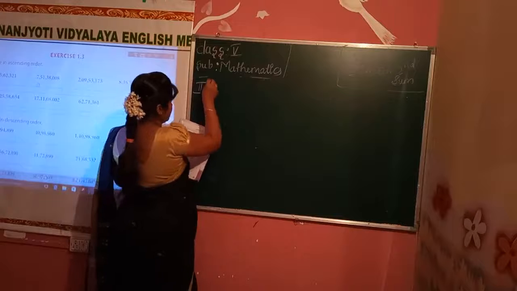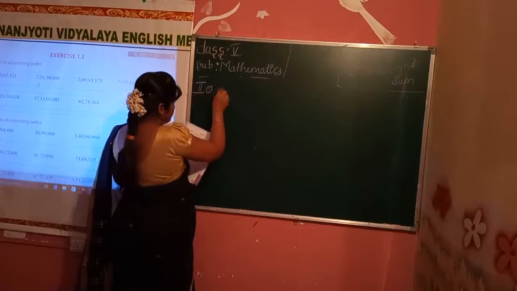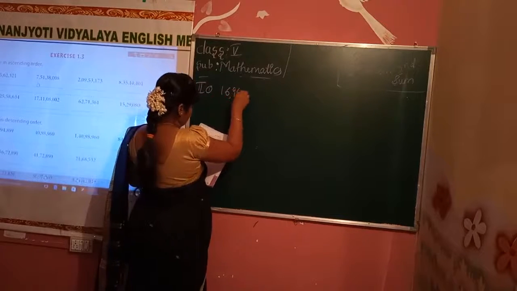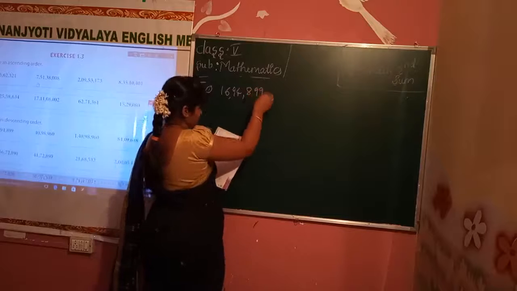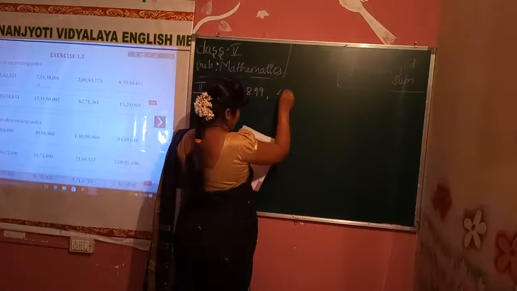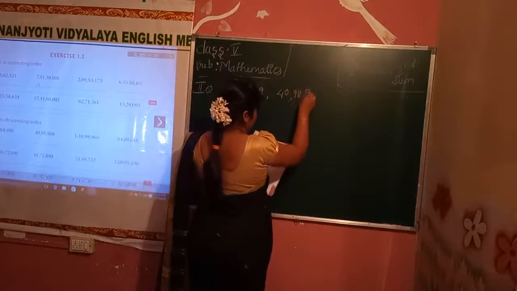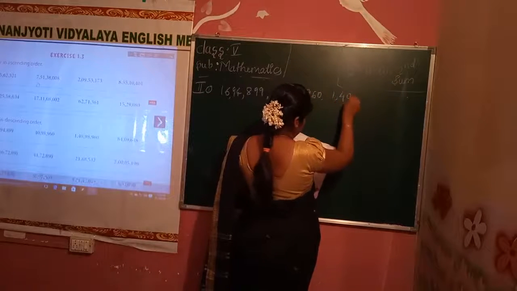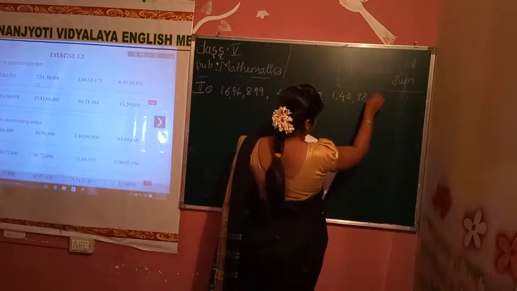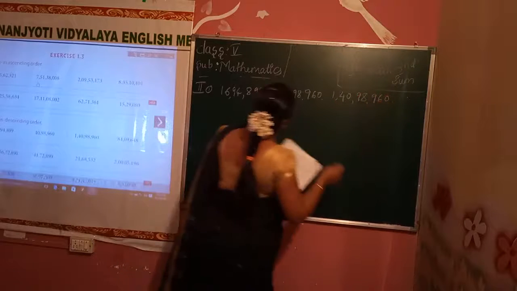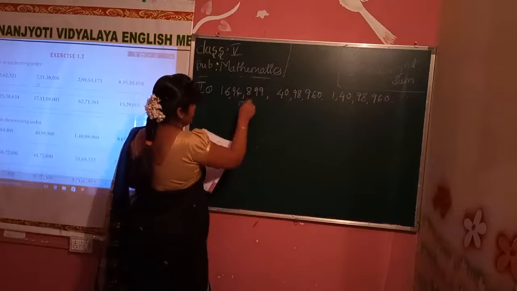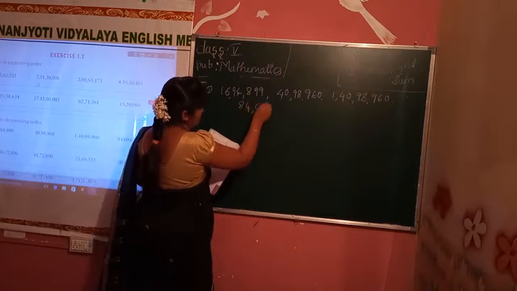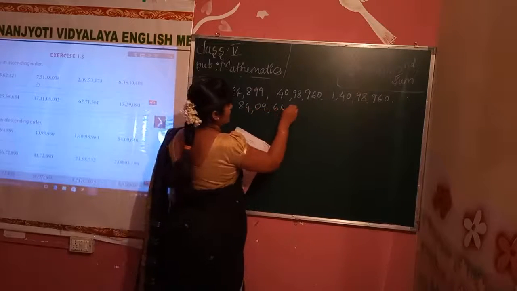They have given numbers. First one 16,94,899, then 14,98,960, then 1 crore 40,98,960, and the last number is 84,09,658.